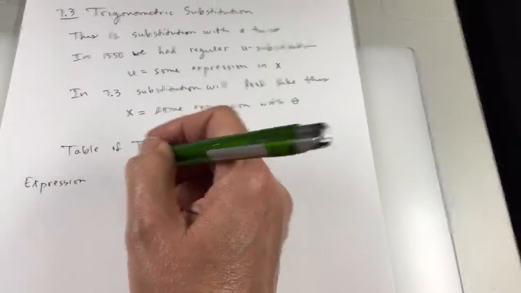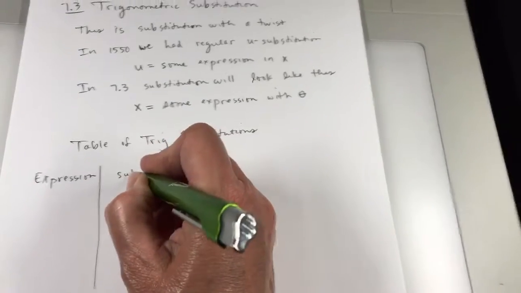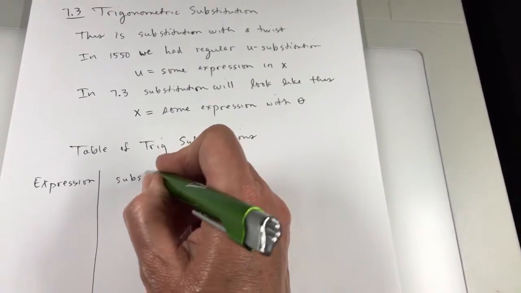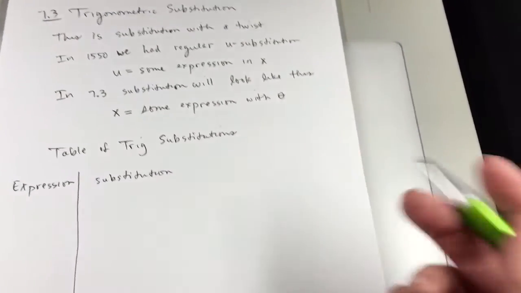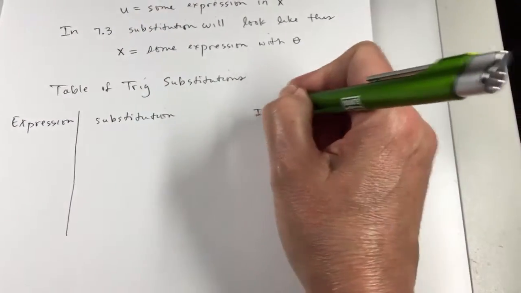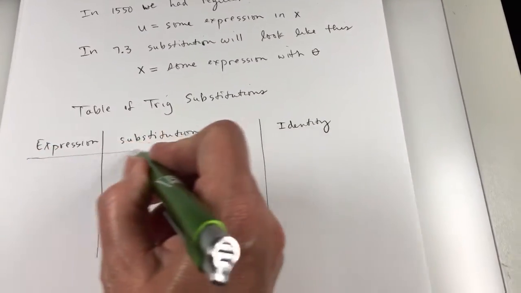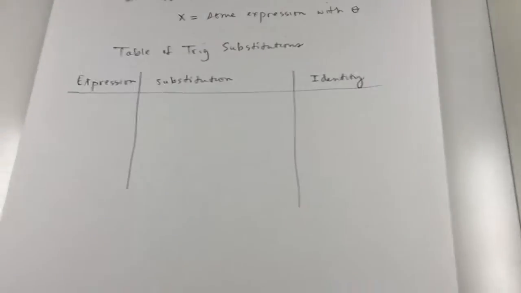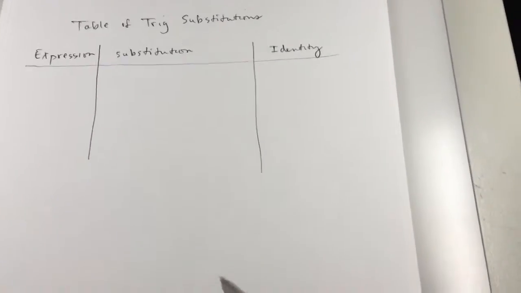So you have some expression in the problem, and then we'll have our substitution step, and then the third column is a trig identity. I have found that the first 2 columns are the most important. If I know the trig identities, that third column will kind of come naturally.